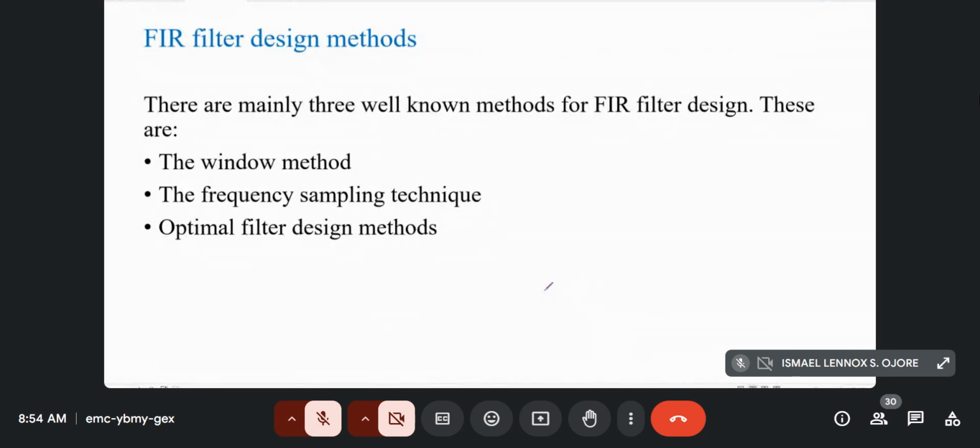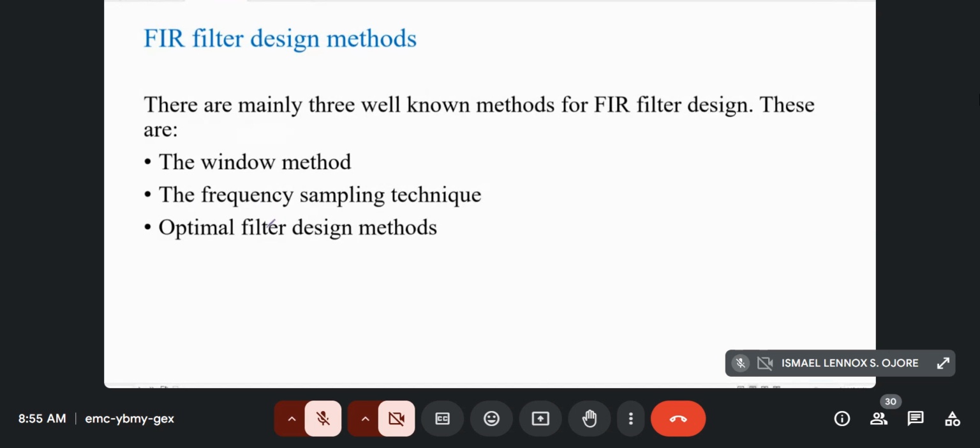So, to design FIR filters, we have very popular, well-known methods. These are the window methods. Since we are not in the typical DSP class, we try to minimize, because some of these techniques are complex.